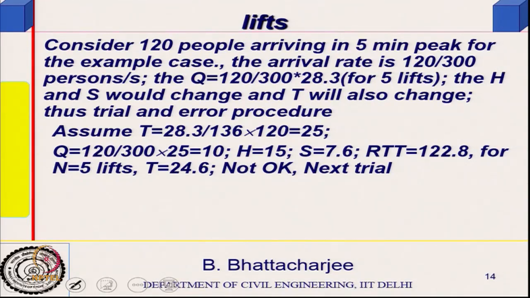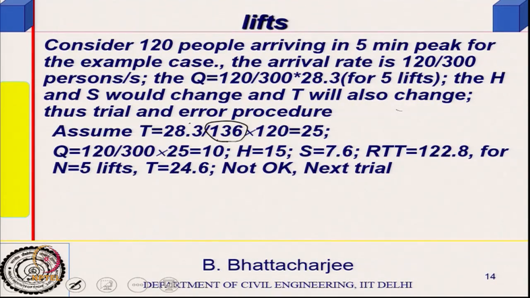First assume that my round trip time is equal to 130 seconds. What I do is assume that 120 people are coming. So what should my waiting interval be? Of course T will also change.